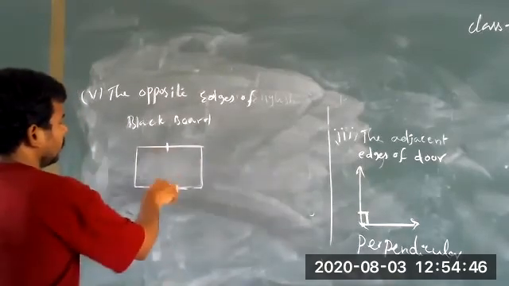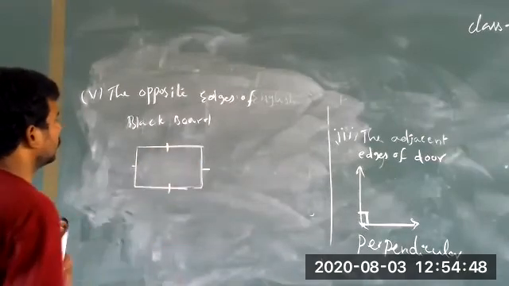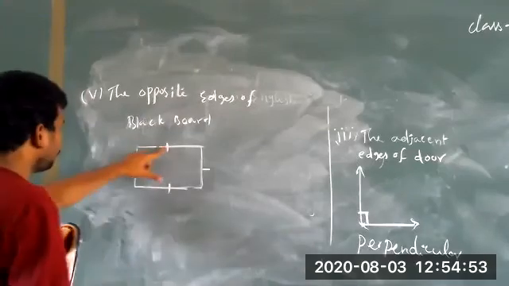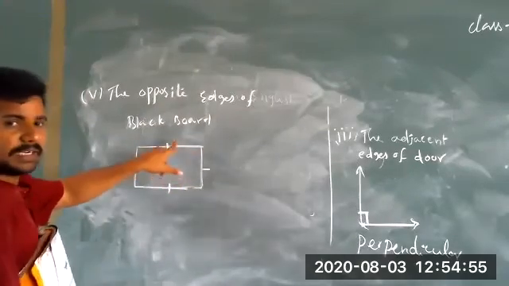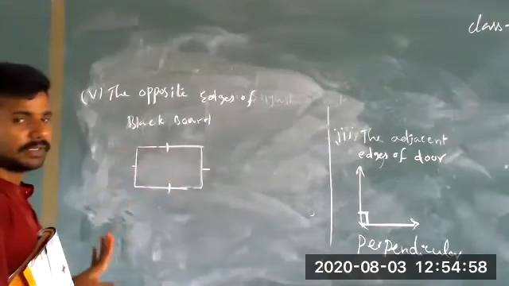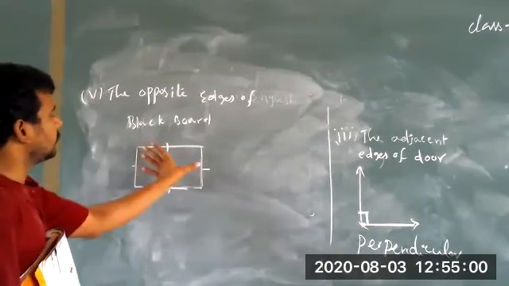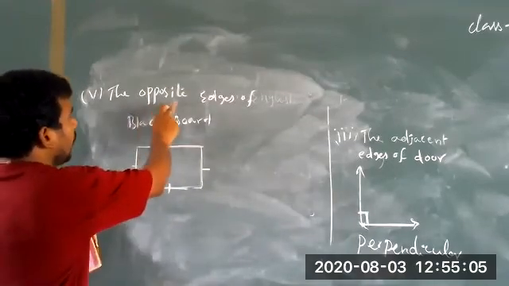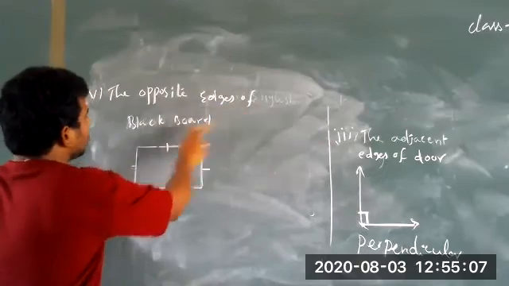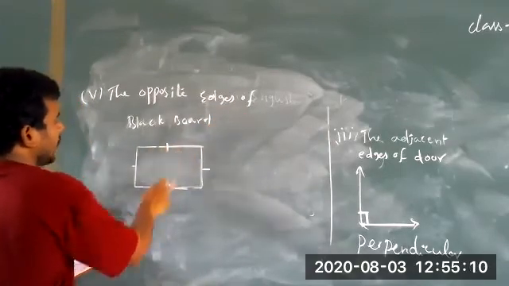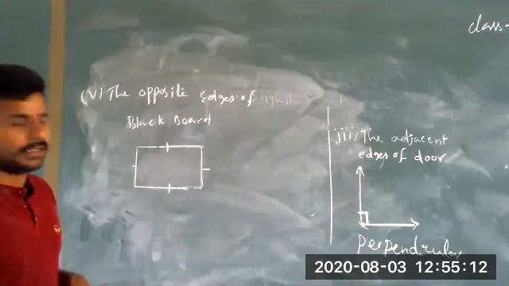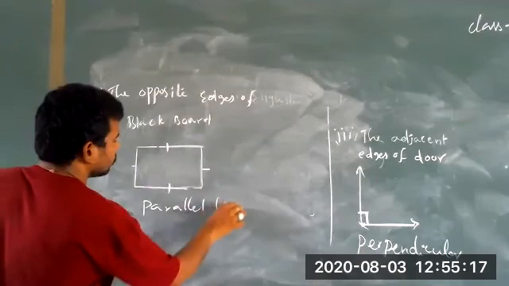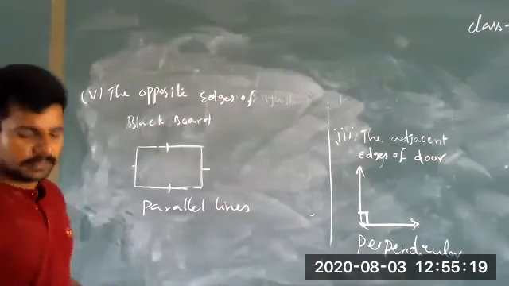Opposite edges. These two are opposite, and these two are also opposite. These two do not intersect at any point, and these two also do not intersect at any point. These lines are called parallel lines. So what do you have to say for the opposite edges of a blackboard? These two sides are what, children? Parallel lines. So the answer is parallel lines. Clear, children? Right.